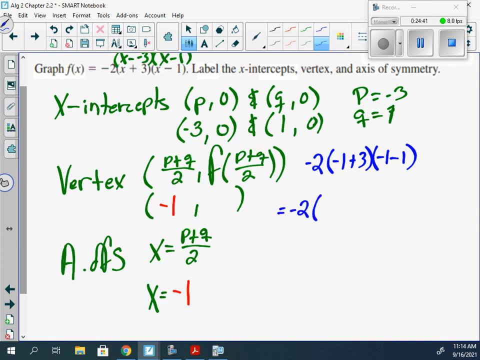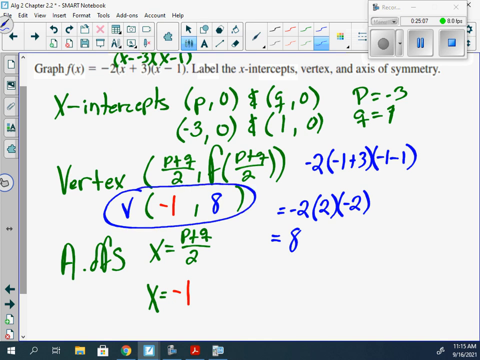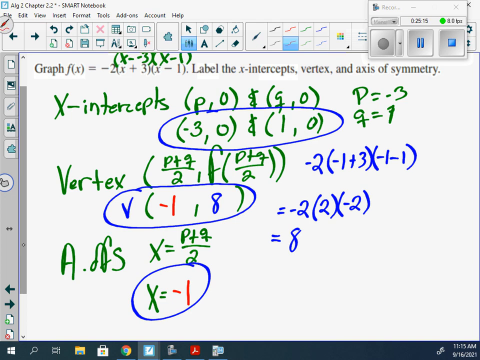Negative 2, parentheses. Well, negative 1 plus 3 is 2. Negative 1 minus 1 is negative 2. Well, negative 2 times 2 is negative 4. Negative 4 times negative 2 is just 8, positive 8. And that's it. That's all it's asking for.